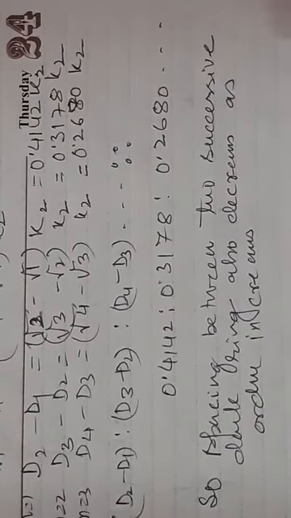And similarly, if we calculate and see, the difference is continuously decreasing, as it suggests that the spacing between the two successive dark rings also decreases as order increases. Now you can see this concept is visible.